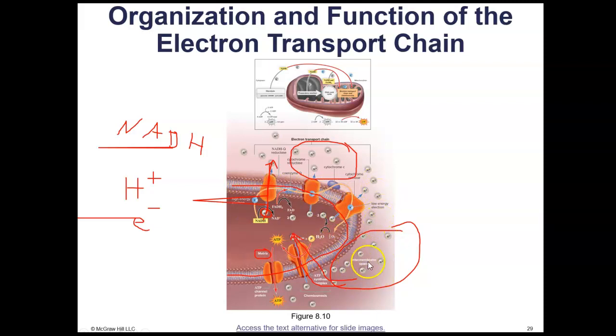And hydrogen builds up out here in this intermembrane space, and then it flows down its concentration gradient through that ATP synthase, and that is what makes ATP. If you can trace it and talk about it at the same time that you are pointing to the structures in the illustration here, then that's the way you understand it, okay?